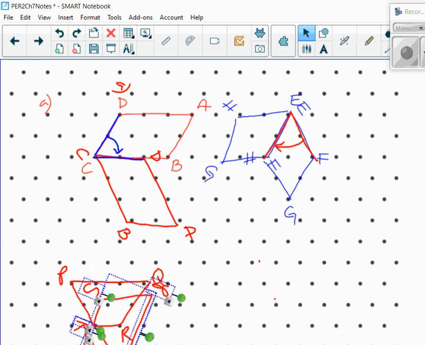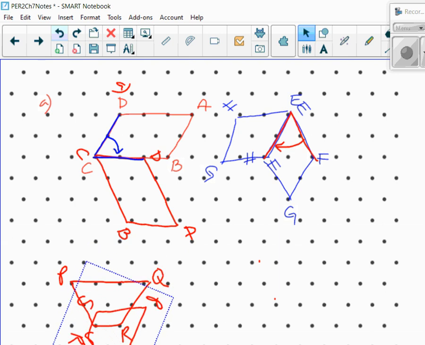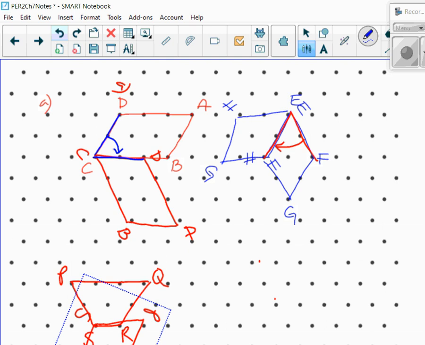So, let's try that again. All right, there's my S. Just so you can visualize what happened there, there was my SP, and then here is my SP there.